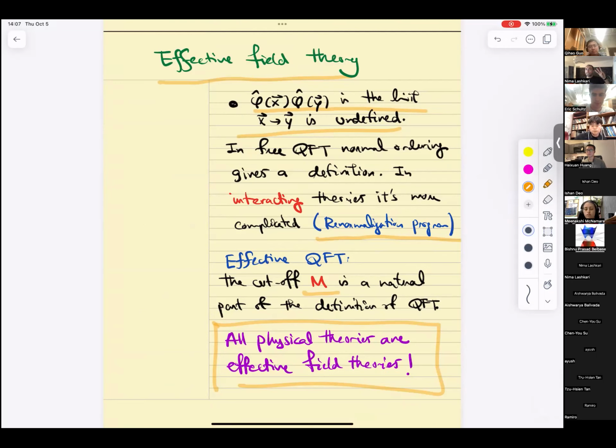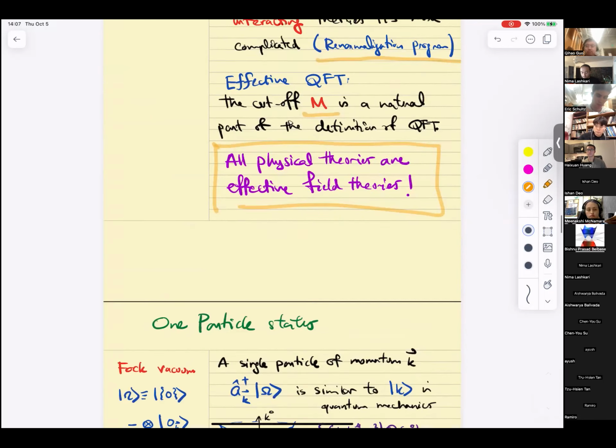So we have set 3 principles of quantum field theory, and I will not introduce any more principles. These are the 3 principles: locality, symmetry, and separation of scales, renormalization. But most of quantum field theory is about understanding what these principles mean.